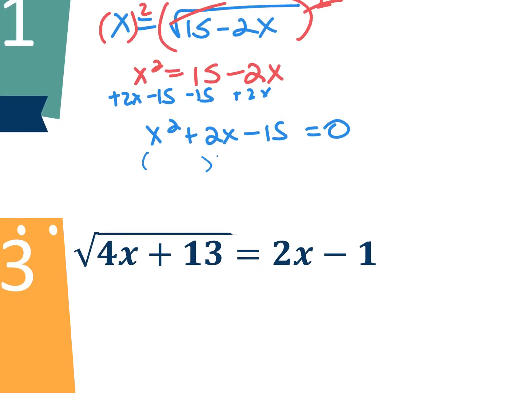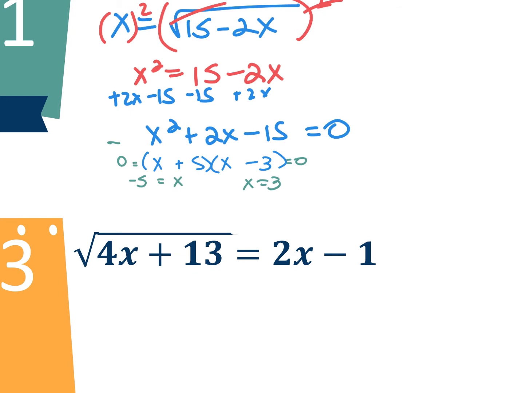And then I'm looking for factors of negative 15 that sum to positive 2, which would be what? Good. Positive 5, negative 3. And then I want to split and solve for each of those. And I get x equals -5 and x equals +3.